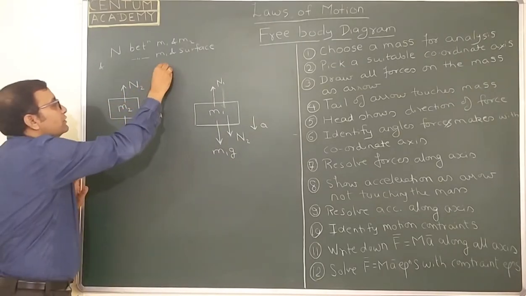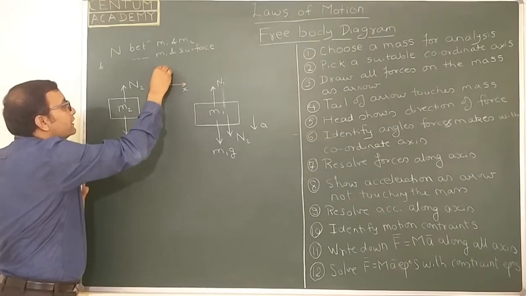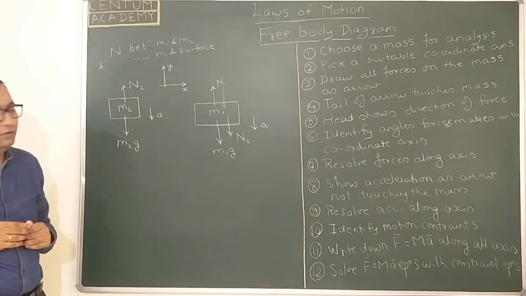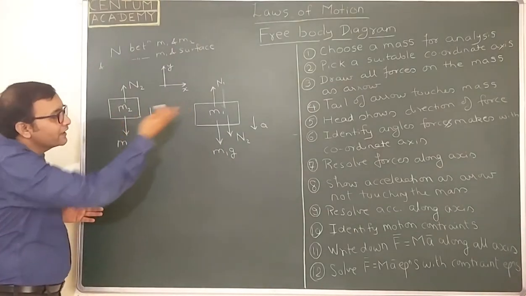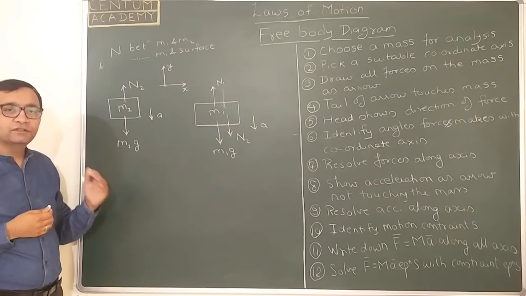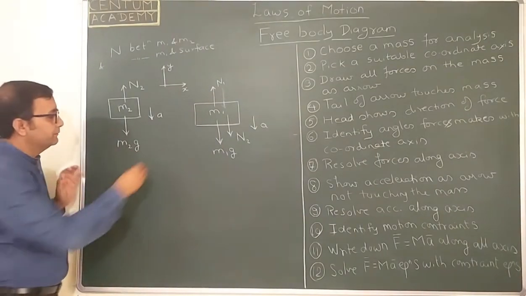So the obvious choice for the xy coordinates is this we take as x and that we take as the y axis. Okay. So along the x axis, there is no point writing the equation. We'll write equations along the y direction only for both cases.